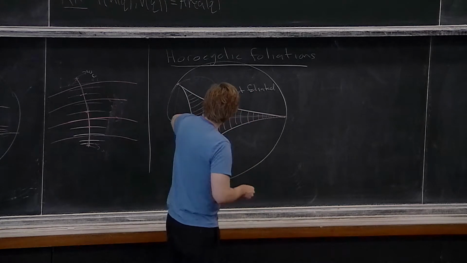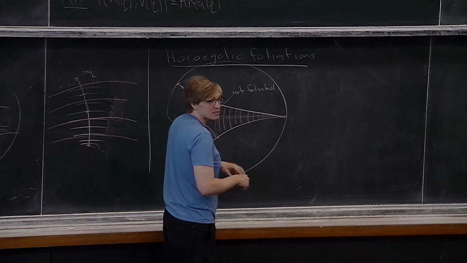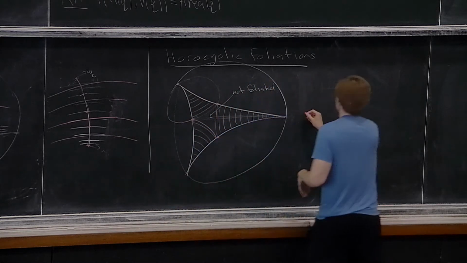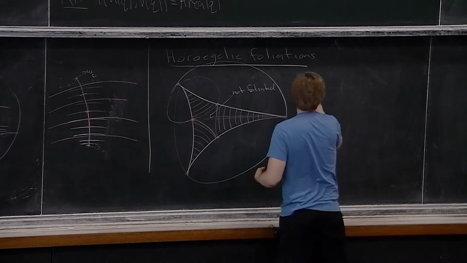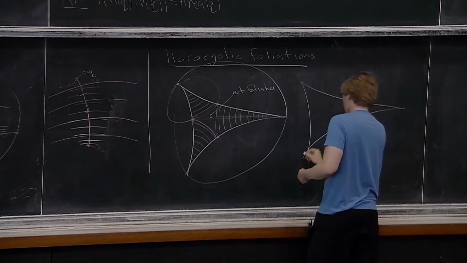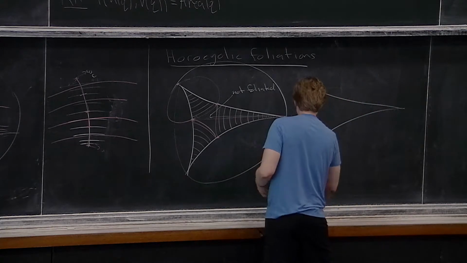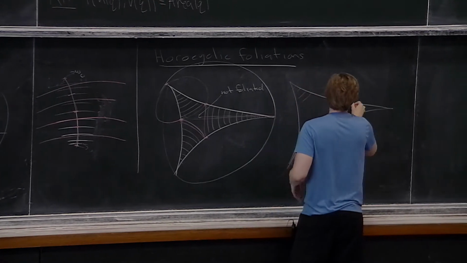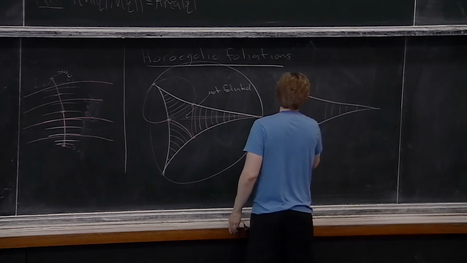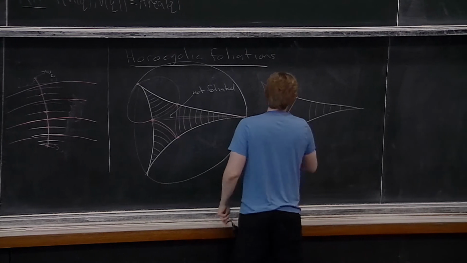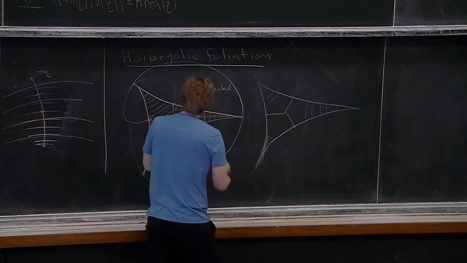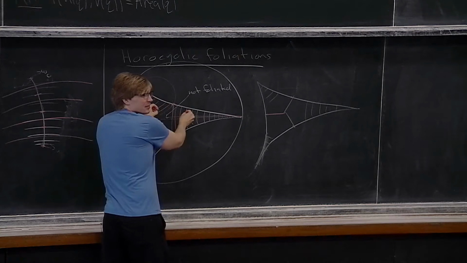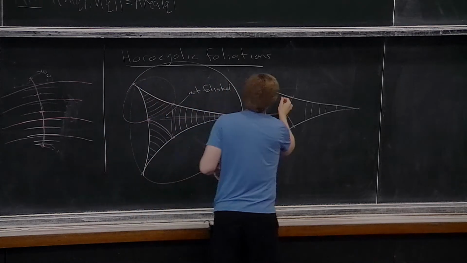If you want, you can collapse this so that it forms a singularity. You could take that same triangle and draw a bunch of horocycles. And then I have the middle points, and I could pull some of these leaves in so that I get a singular foliation.